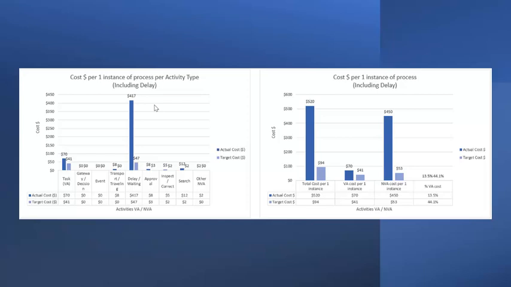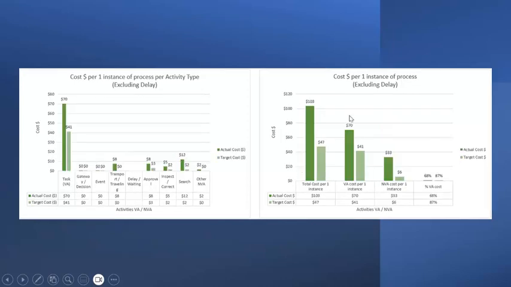So the cost may be important in these circumstances. But okay, this is including the delay. Excluding the delay, this is the hard cost of the process: $103 in the first scenario, and here we reduce it to $47. So this is a great improvement.